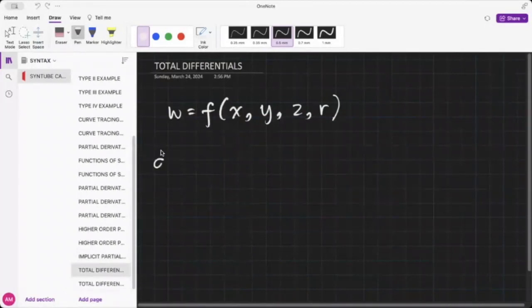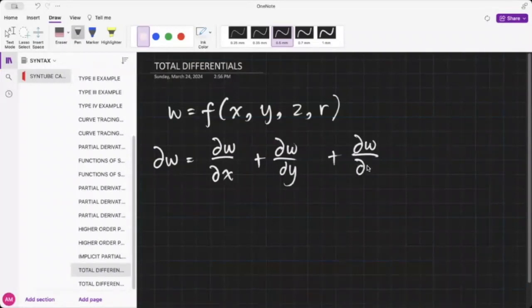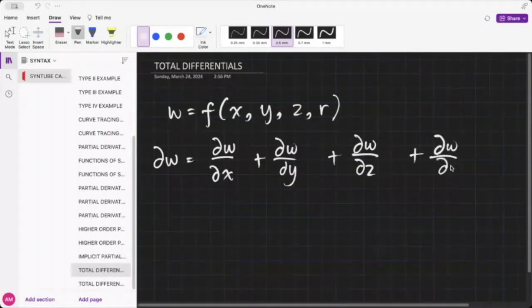What you'll do here is dw is equal to the partial of w with respect to x dx, plus the partial with respect to y dy, plus the partial with respect to z dz, plus, and so on. Do this for all the variables.